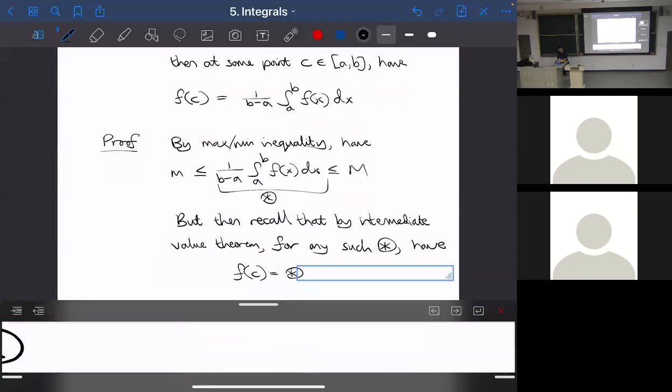Okay, and that is what the theorem required. So remember, the intermediate value theorem was a property of a continuous function.